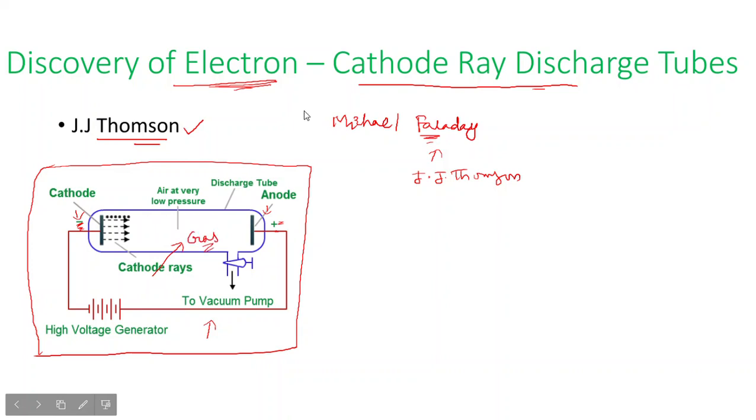He applied high voltage to this cathode ray tube, and he also made the pressure very low.